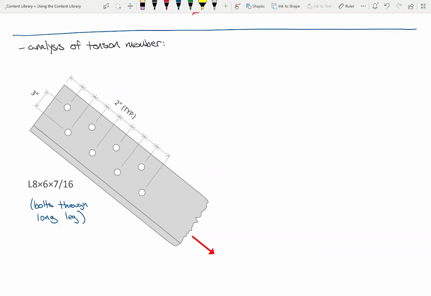Now I need your help. So tell me what to do. We first need some properties for the angle, okay? We're going to get that in table 1-7.